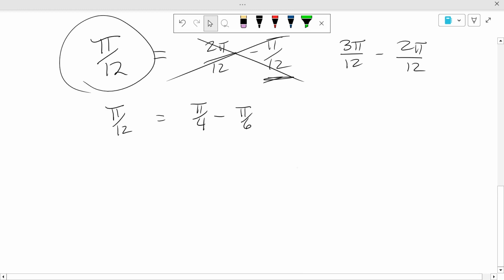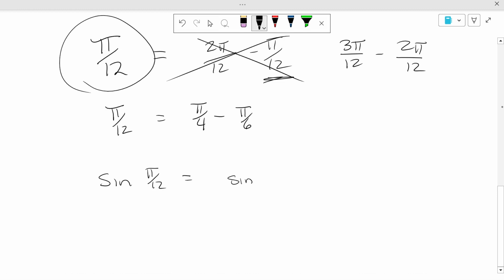Okay? So, if I want to find the sine of pi over 12, I would take the sine of pi over 4 minus pi over 6.